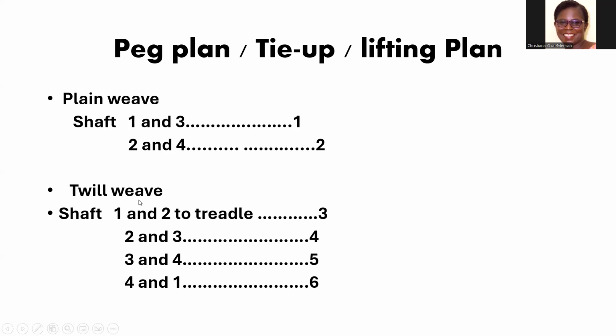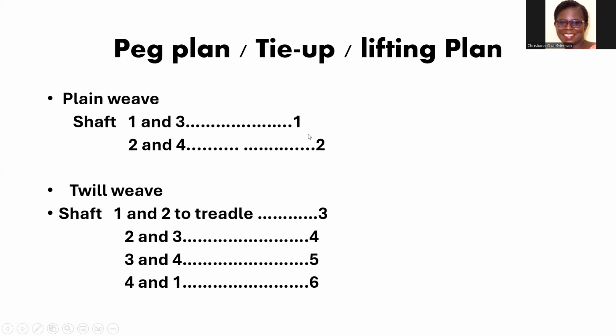So the twill, you see, is very funny and very interesting. The tie up for twill is so interesting. It goes the same way we shade it. So when you are shading a 2/2 twill, you see one, you shade 1 and 2. So we tie 1 and 2 to the treadle.